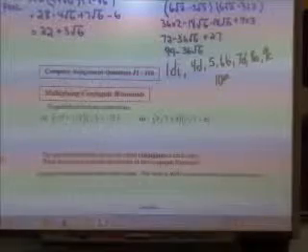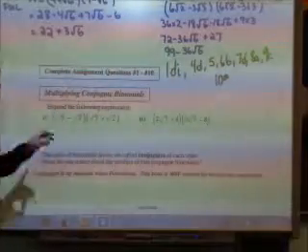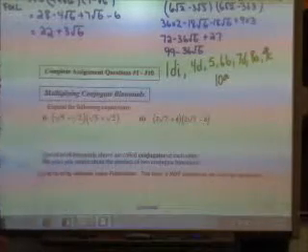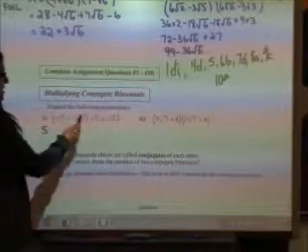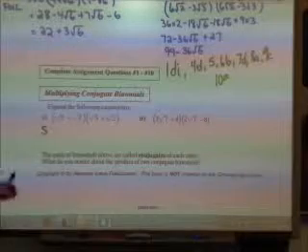Okay. What we're going to look at is multiplying what's called conjugate binomials. So if we take these two binomials and we multiply them out using our distributive property, root 5 times root 5 is 5. If I multiply the outsides, root 5 times root 2, root 10.